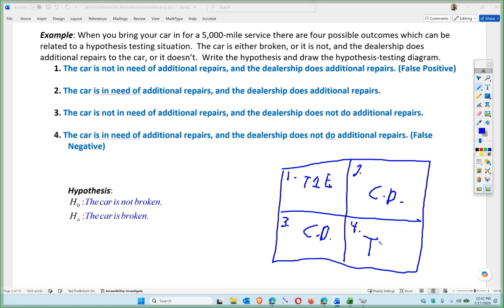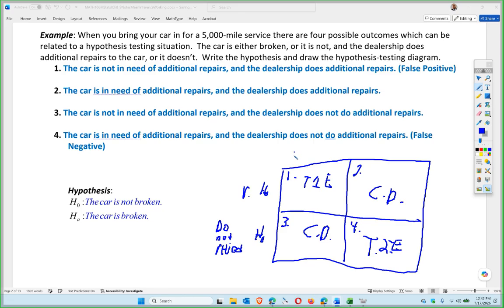This is a type 2 error, right? Because what do we do? We rejected the null hypothesis here, and we do not reject the null hypothesis here, correct?